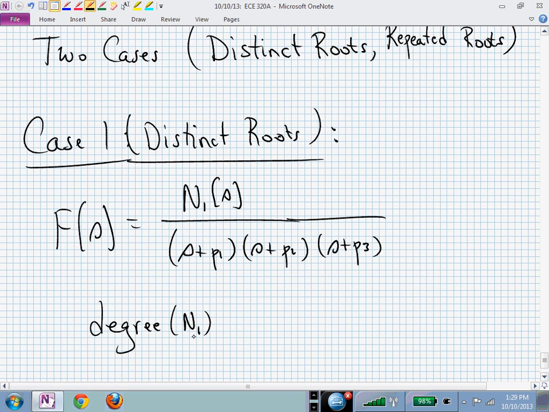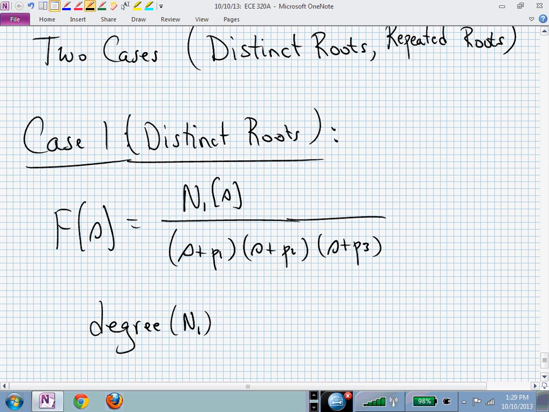And what else do we need to know? In order to do the partial fraction expansion, what do we need the degree of n sub 1 to be relative to this expression? Before we start doing the partial fraction expansion, we may have to do some long division.